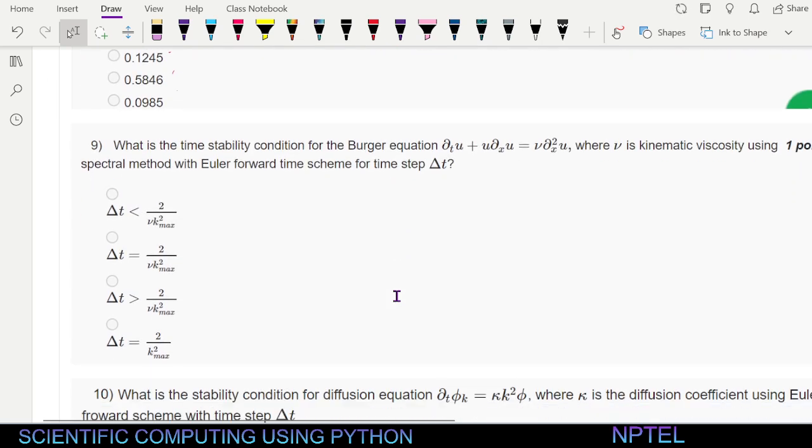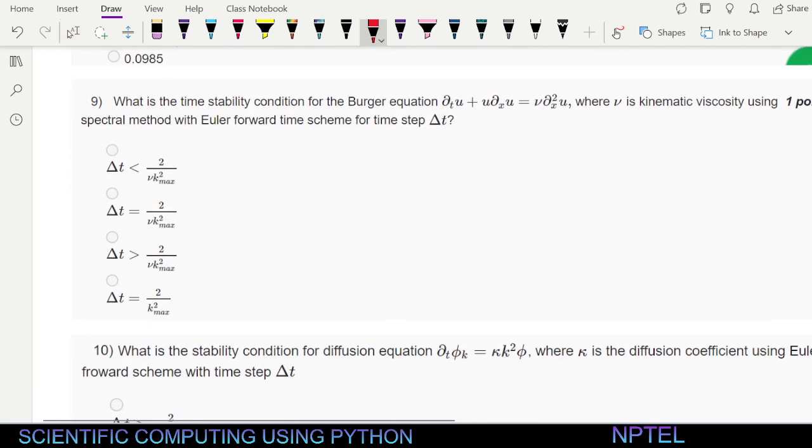Okay. Ninth one. Time stability condition for the Burgers equation with the Euler forward scheme with time step delta t. Right. So as we saw, the only linear term is this one, and this gives you minus nu k square, and yeah, that's it, right? Minus nu k square.